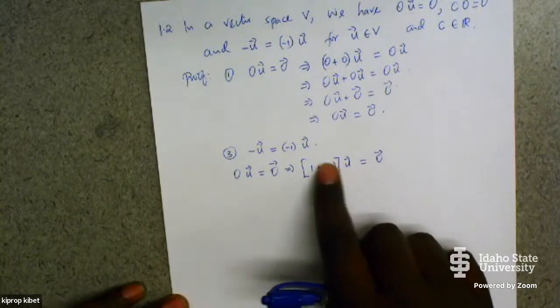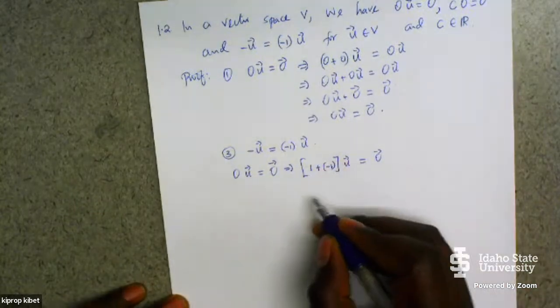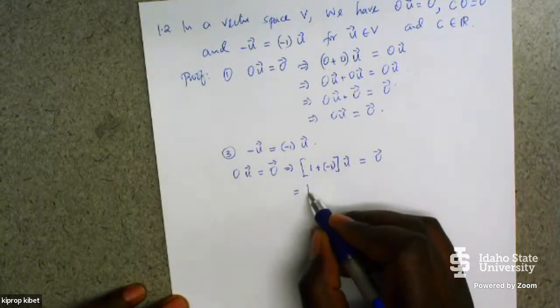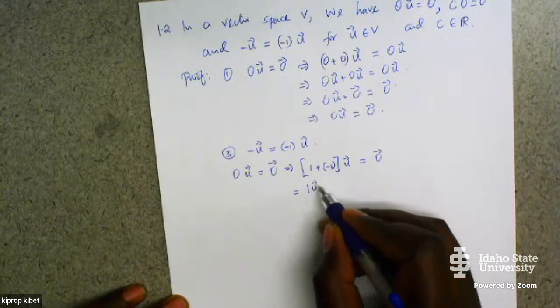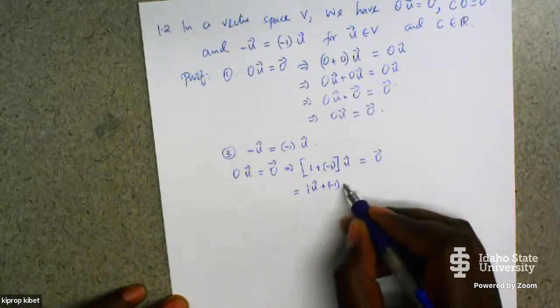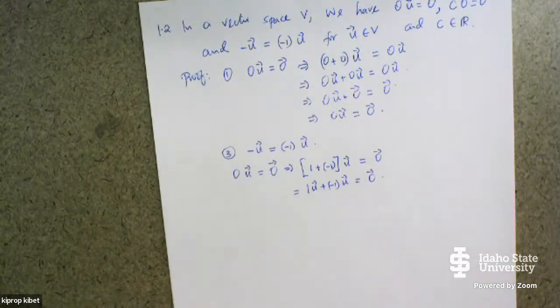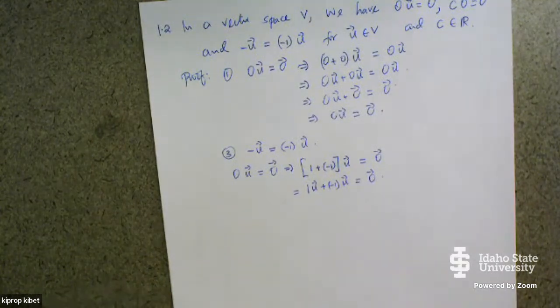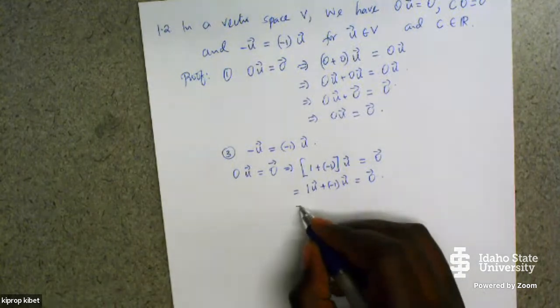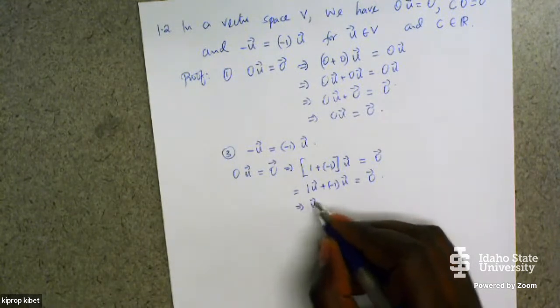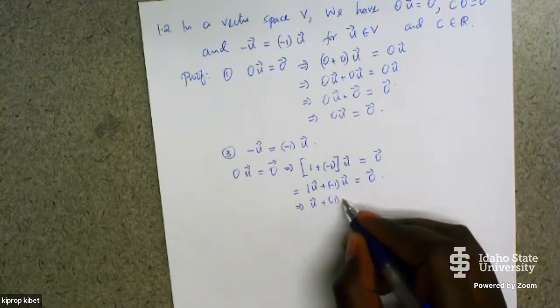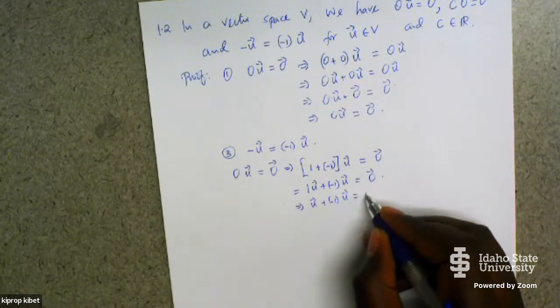So when you distribute u inside here, you get 1 multiplied by u plus minus 1 multiplied by u, equals what? The 0 vector. So therefore, u plus minus 1 u equals the 0 vector.